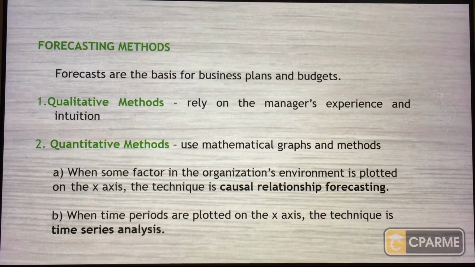When there's a causal relationship between the two variables, it's called causal relationship forecasting, when the two variables have a direct relationship with each other. And when the x-axis is plotted using time, such as months or years, it's called time series analysis.